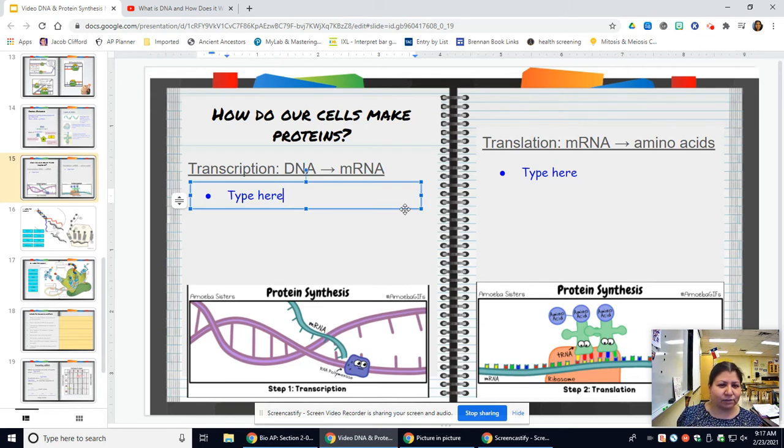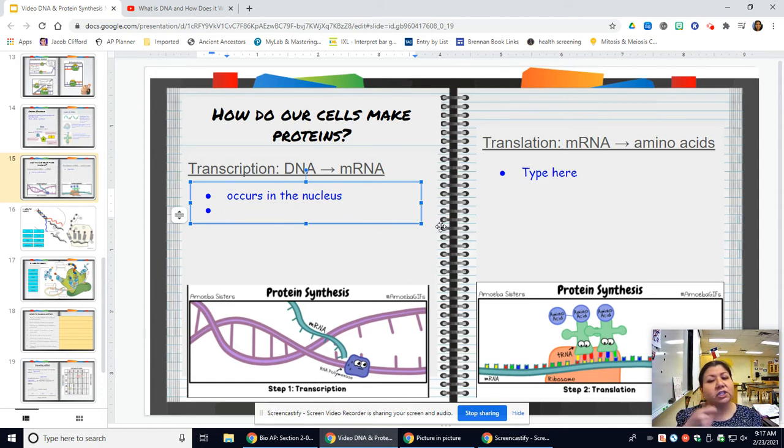With transcription, this occurs in the nucleus. And remember, DNA cannot leave the nucleus, so this has to happen in the nucleus. Just like how we had DNA polymerase matching complementary bases during replication, we have RNA polymerase this time.